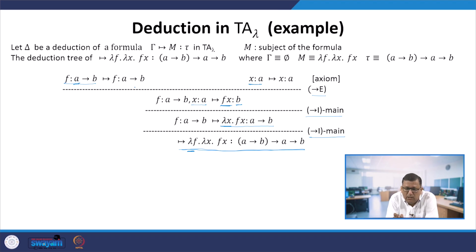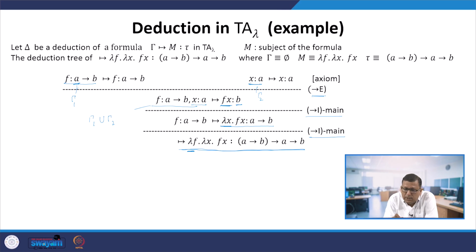So these parts match and hence fx has type b. Moreover, in the context, f has type a arrow b and x has type a. This is gamma 1 and this is gamma 2, so gamma 1 union gamma 2 is this part. This is consistent, hence we can do arrow E and as a result we get fx has type b.